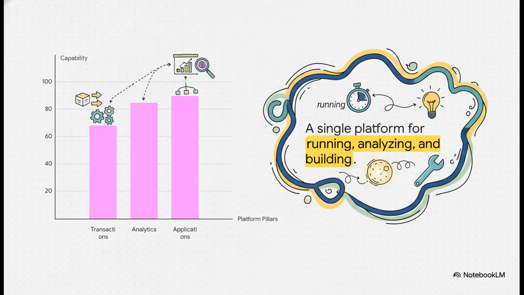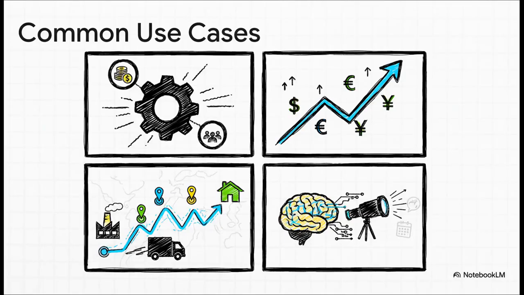It becomes a single foundation for running, analyzing, and building your entire company. And the impact is just massive. Imagine running your company's entire ERP system in real time, or doing financial forecasts that instantly reflect the very last transaction. You can optimize your supply chain on the fly based on live events and run machine learning models on the absolute freshest data possible, not data from yesterday.